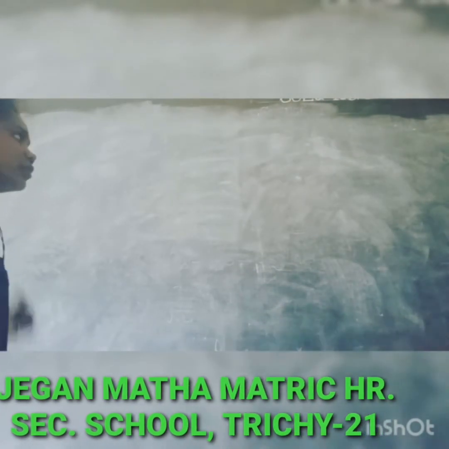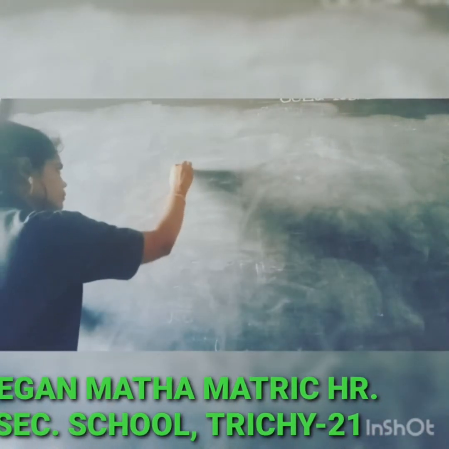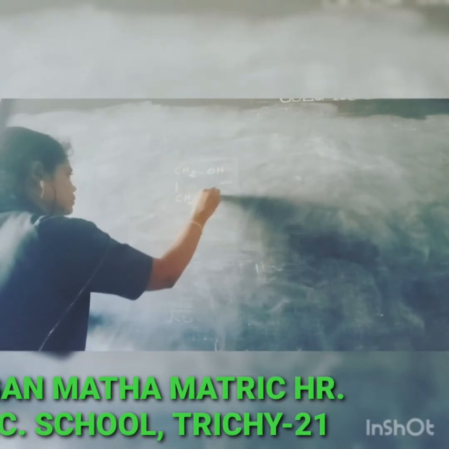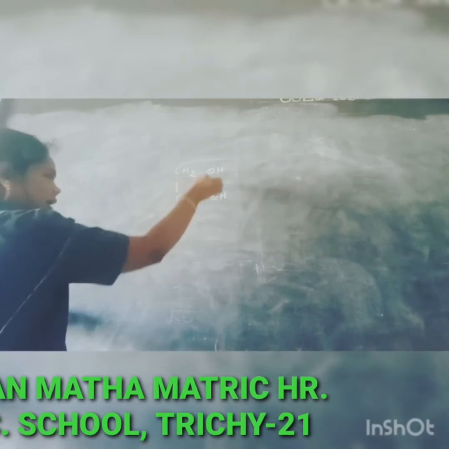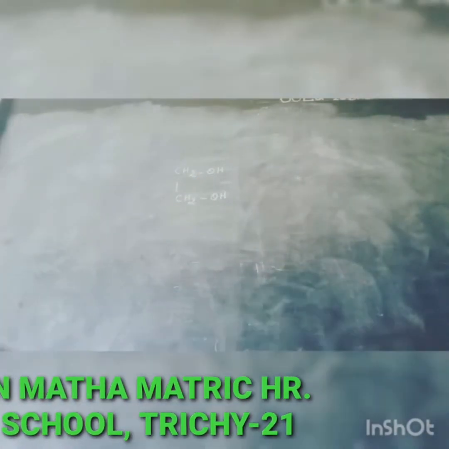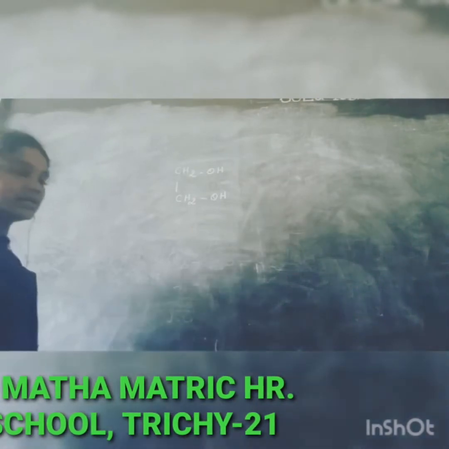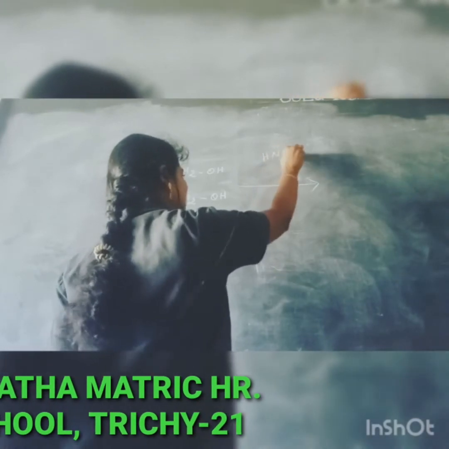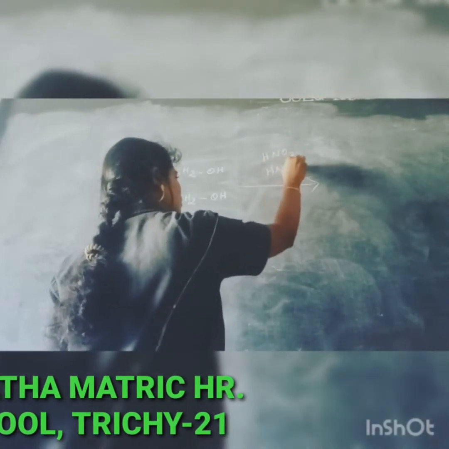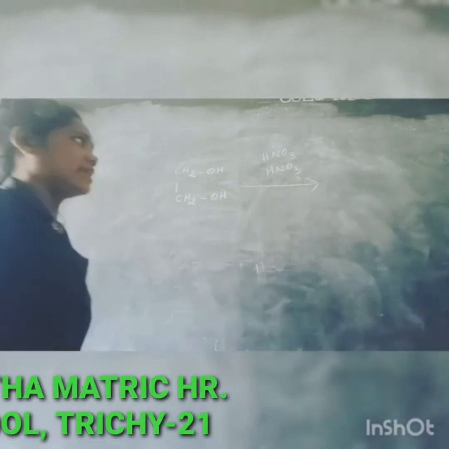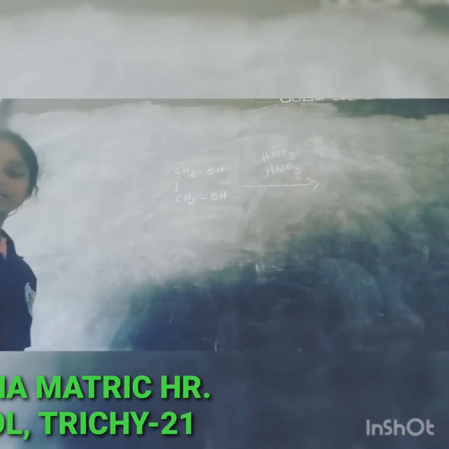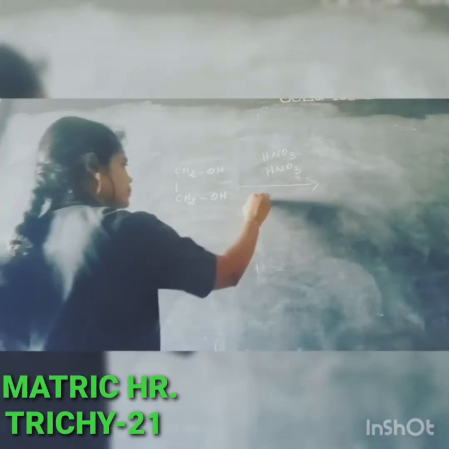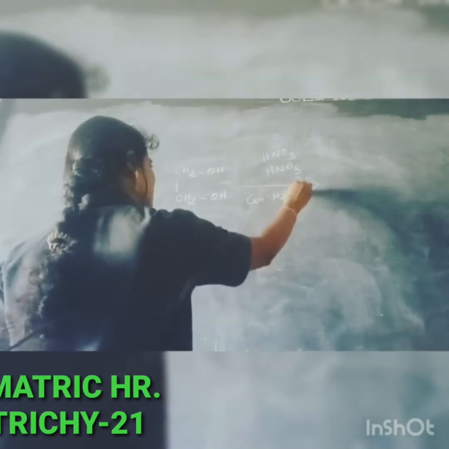So first ethane 1,2 diol will come. Ethane 1,2 diol is taken, and that is reacted with nitric acid and conc. sulfuric acid. So nitric acid means HNO3, two molecules of nitric acid are taken here, in the presence of conc. H2SO4.